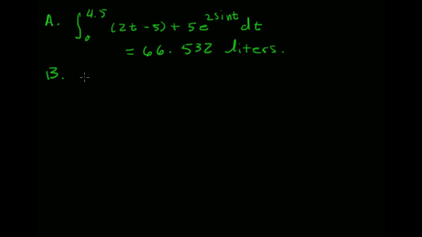So we know that the B curve here is a constant 20.5, right? And that this is intersecting the A curve, which is 2t minus 5 plus 5e to the 2 sine t.